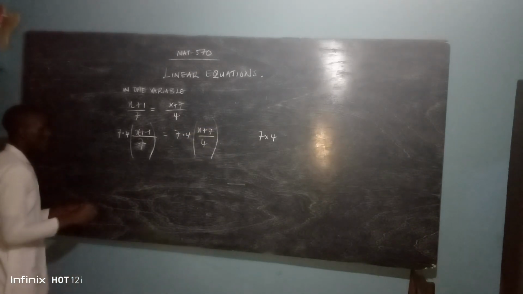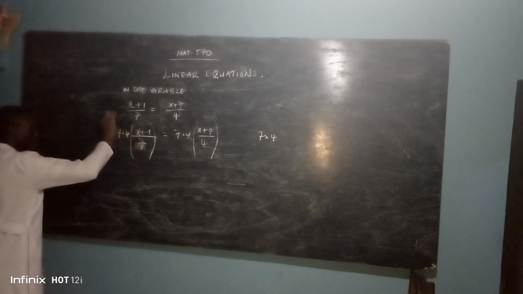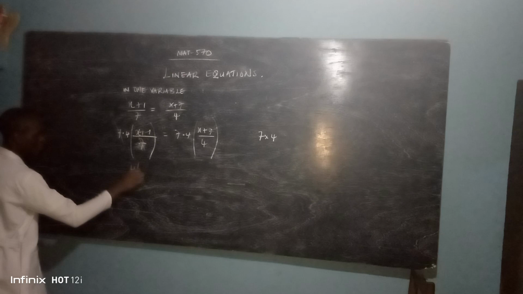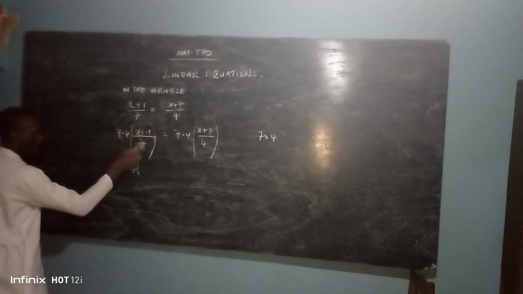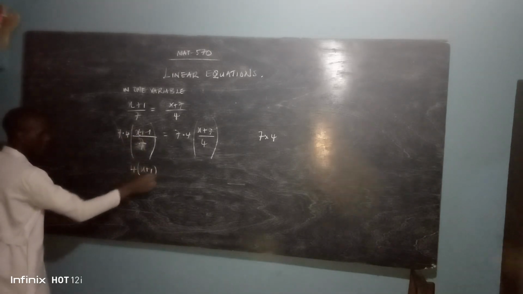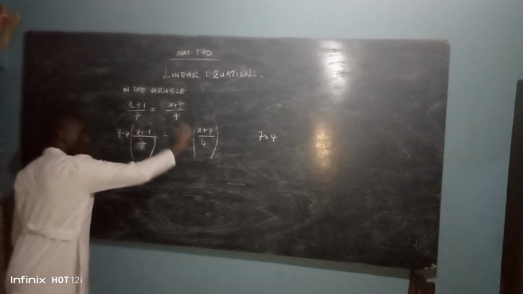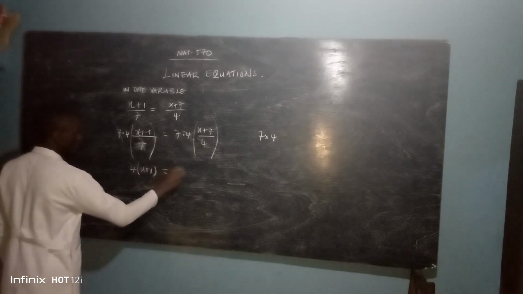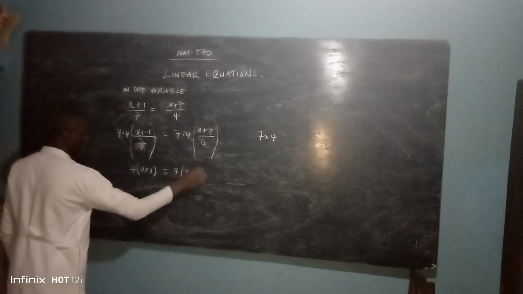Now observe here, 7 will cancel with 7, leaving 4. So I have 4 bracket, you are left with x plus 1 divided by 1, so it's just x plus 1 equals to what? 4 will cancel 4, leaving 7. So I have 7 bracket x plus 7.